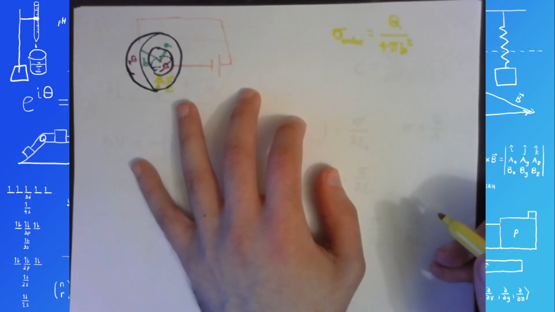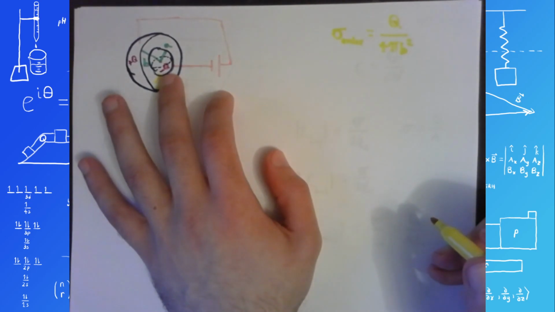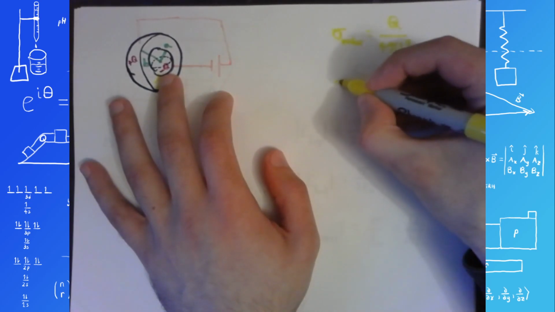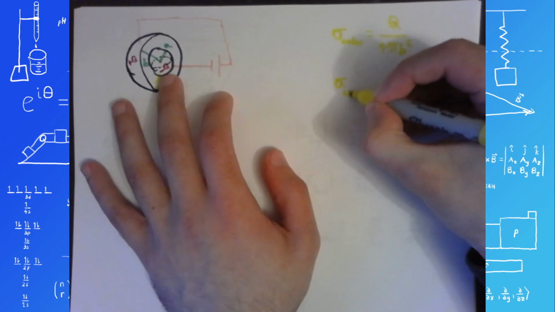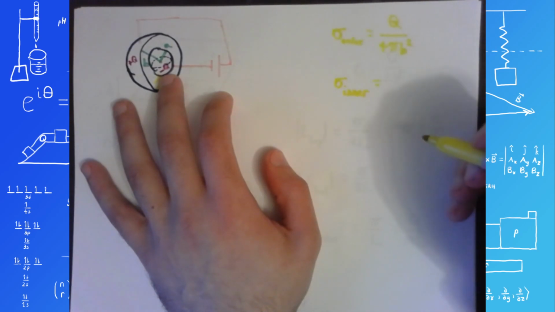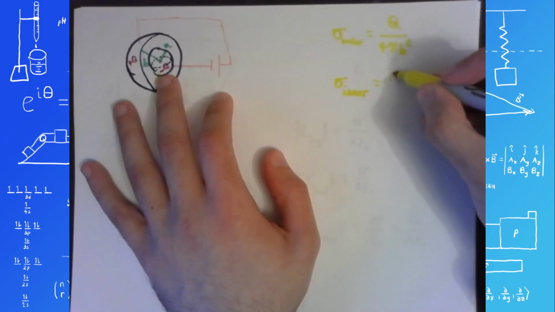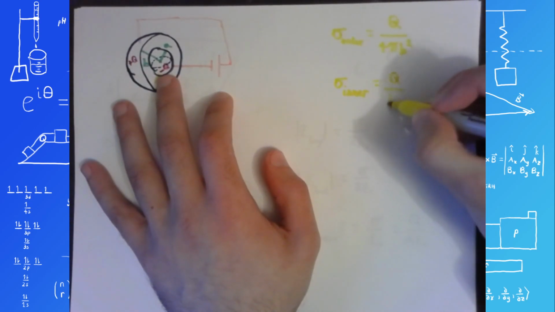Surface area of a sphere is 4 pi r squared, so that's for the outer one. And then for the inner one, sigma inner is equal to Q over 4 pi a squared.